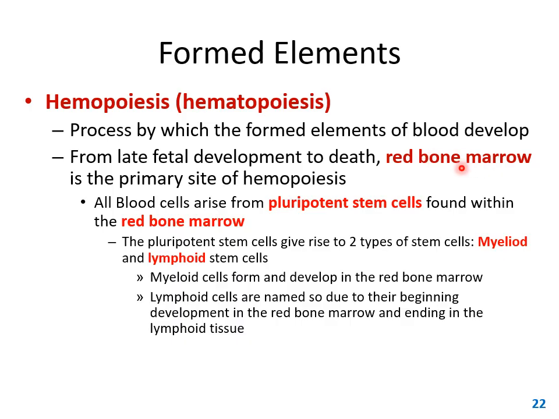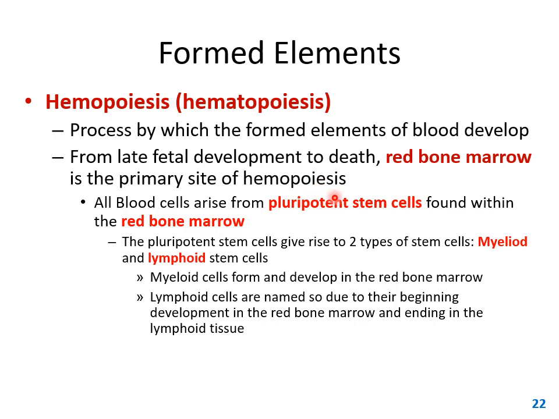Now, inside of your red bone marrow, you're going to have this stem cell that can become anything. That stem cell you call a pluripotent stem cell. So when you look at a cell that did not decide what to do, it can become any one of your blood elements.